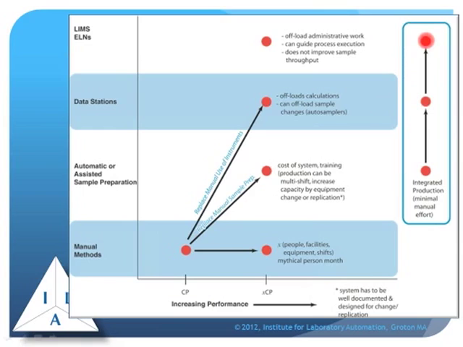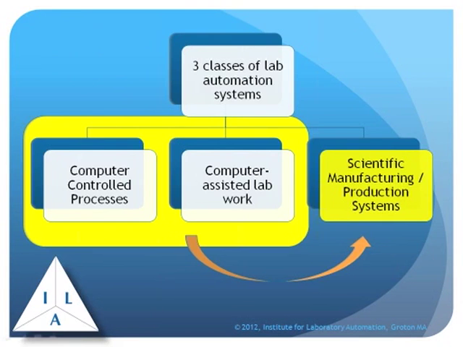You offload things such as transcription errors and the need to cross-verify data. So you get more efficiencies there. We can take combinations of computer-controlled processes, such as sample preparation systems, and computer-assisted lab work systems, tied together to provide a full scientific production system.